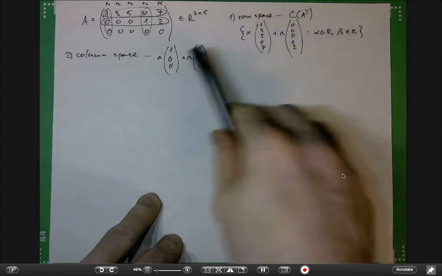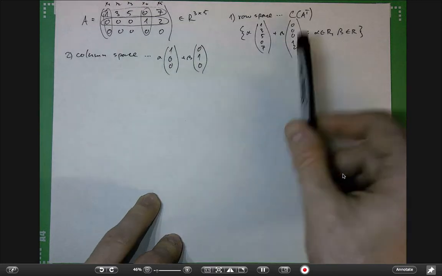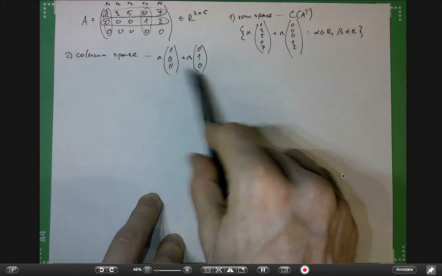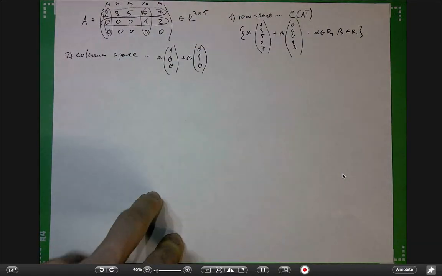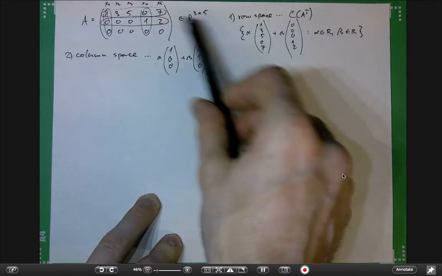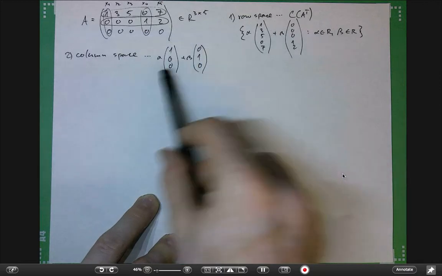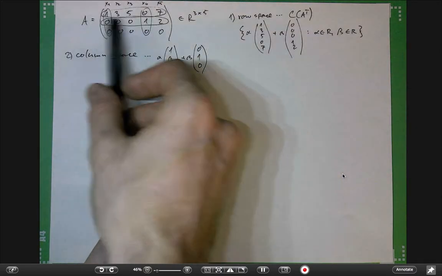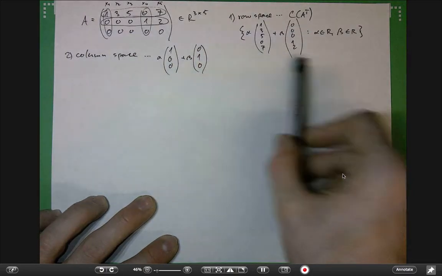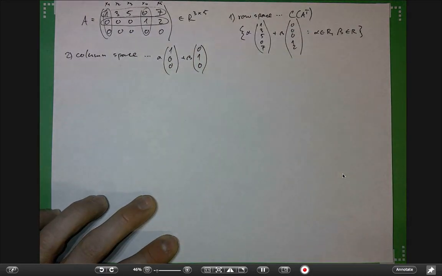In both cases, you can see that this is dimension 2, right? I have two linearly independent vectors that generate the entire space, right? Clearly, the span of all the columns can always be written like this. Similarly, the span of all rows can also always be written like this.